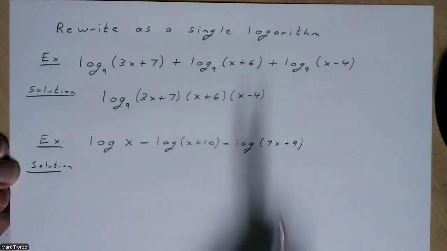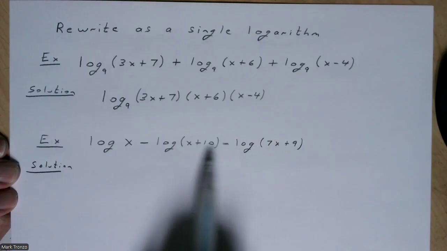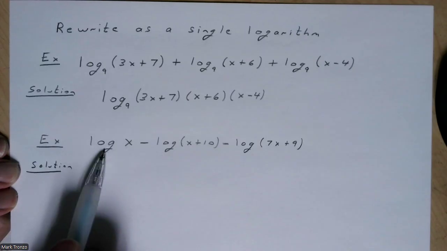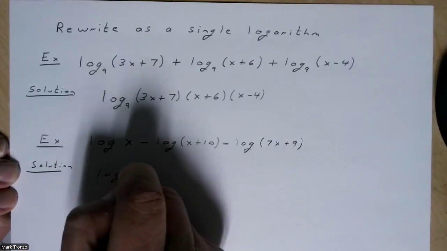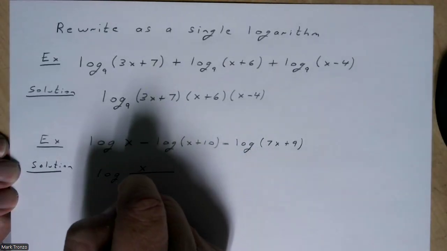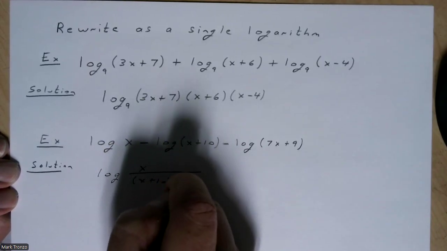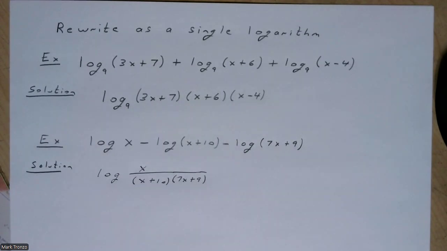Now, as I said before, sums turn into products and differences turn into quotients. So in this case, we have a positive log here, so that'll be in the numerator. And the negatives will be in the denominator. Now you could have done that one at a time, but I just took a shortcut.